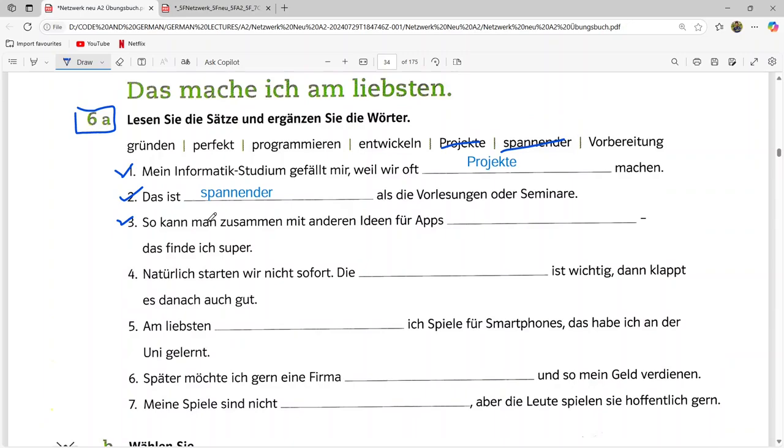Okay. Next one is: so kann man zusammen mit anderen Ideen für Apps blank. Das finde ich super. So one can together with others make ideas for apps. What do we do with the apps? We develop. So entwickeln.